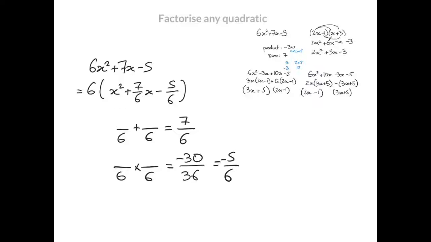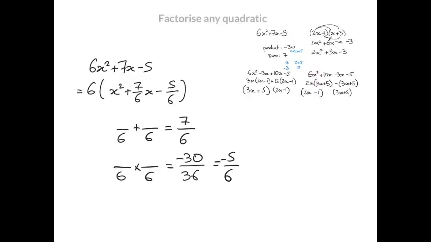What do we end up with? We're looking for two numbers that add up to 7 and that multiply to minus 30. Remember, this is exactly what we did in the example before. This is why we were looking for the product to be minus 30. And here is the reason. This minus 30 is coming from the conversion of this fraction into a fraction over 36.